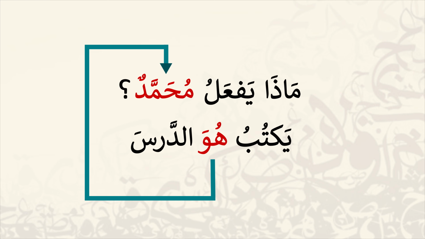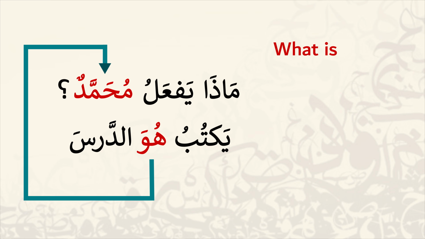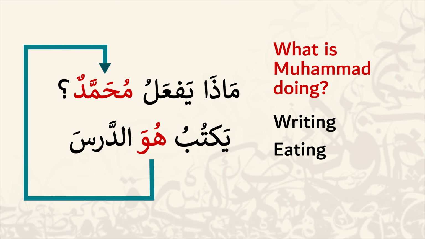We even do that in English. If someone is asking you, what is Muhammad doing? You can simply answer using only the verb, writing, eating, watching a movie, and so on, right? Let's have a different example that will connect today's lesson with the previous one.